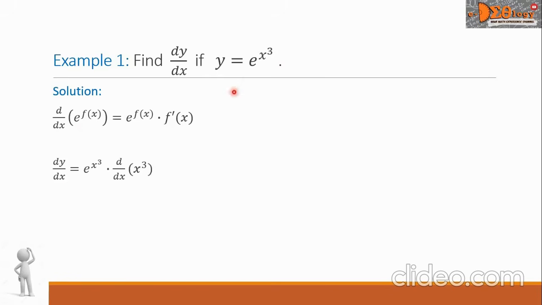First, we copy the function itself, e raised to x cubed, times d over dx of x cubed. Simplifying the derivative here, we have 3x squared. Rewriting the derivative in such a way that the constant is in front. So our final answer is 3x squared e raised to x cubed.